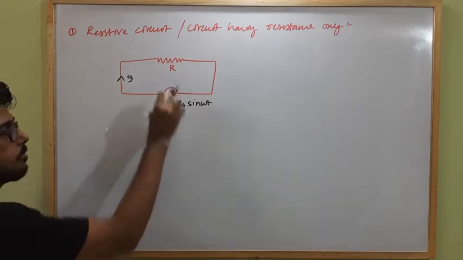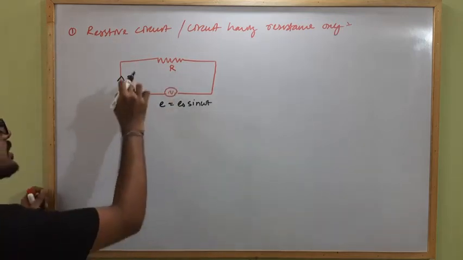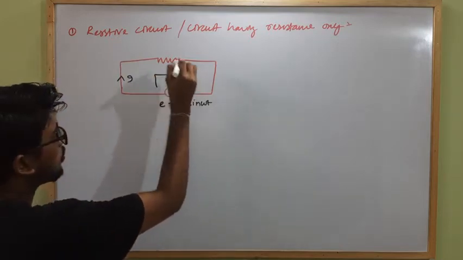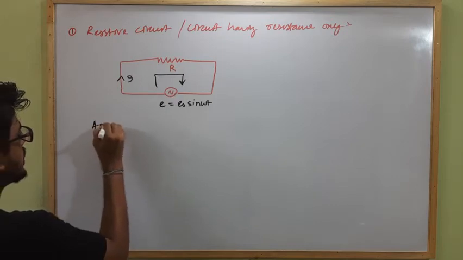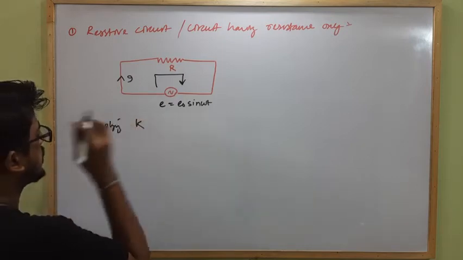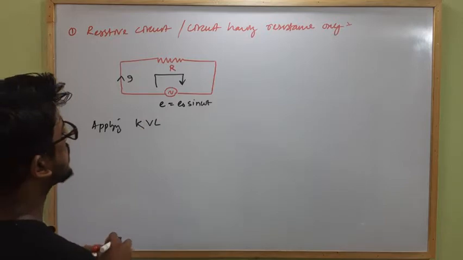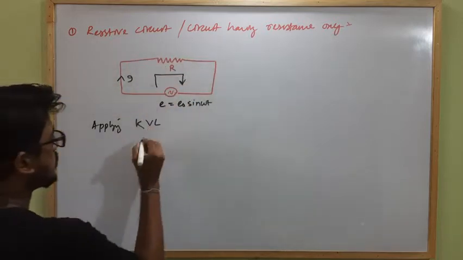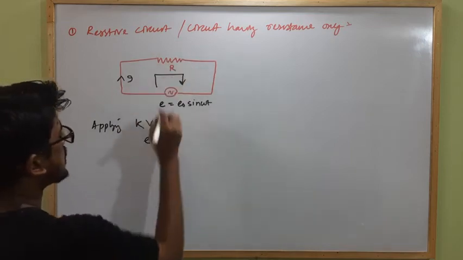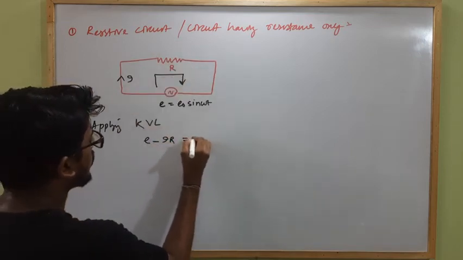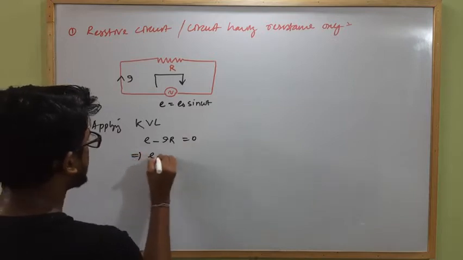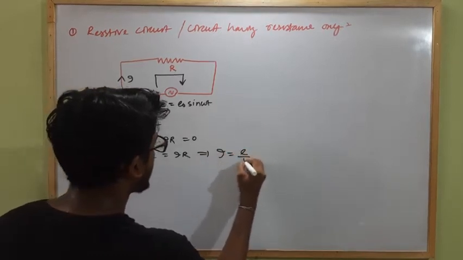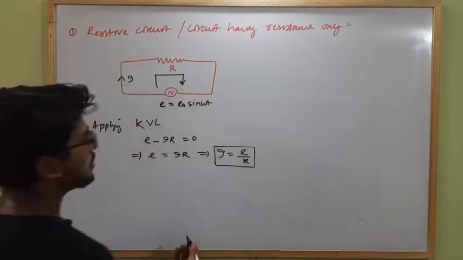E naught is the peak value of the alternating EMF, and at any instant I is the current flowing through this circuit. So applying Kirchhoff's loop rule, Kirchhoff's voltage law, we will get what? If I consider Kirchhoff's voltage law starting from here, it will be E minus, along this direction, the potential difference IR equal to 0. So from this we can write E equal to IR, or I equal to E by R. Clear?